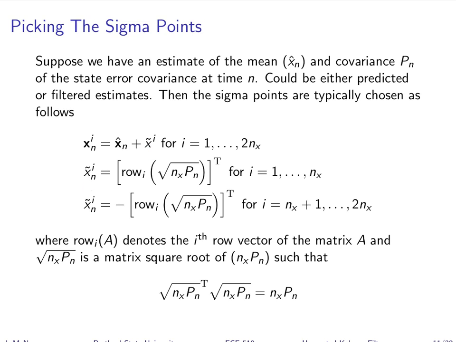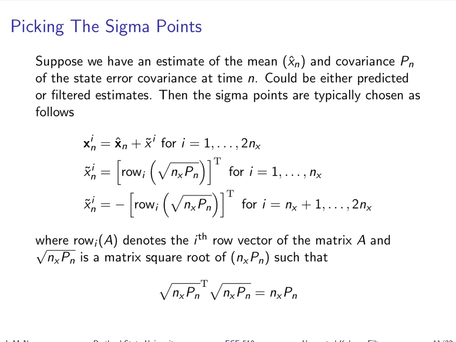Instead it's calculated from rows of the square root of your covariance matrix. I know some of you probably don't know how to take the square root of a matrix, but I'll explain that in a minute. Turns out there's a bunch of ways to do it, or you can just say, MATLAB, take care of it for me. But we take the square root of the dimension of your state vector times the state error covariance matrix.